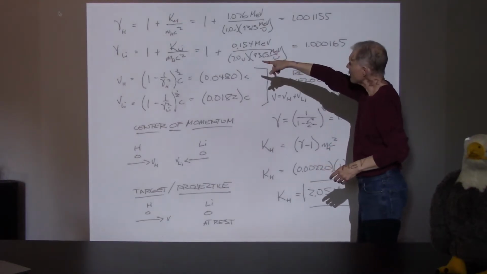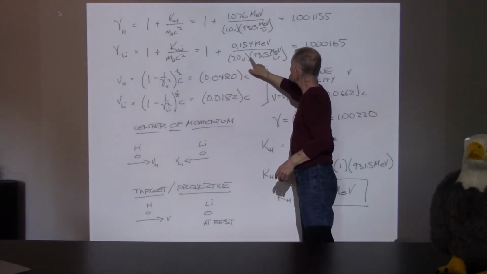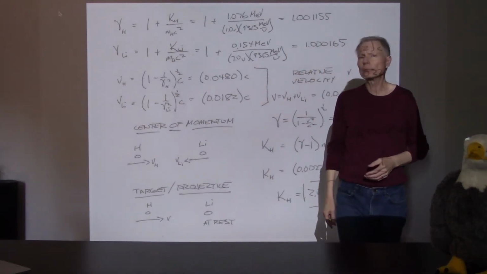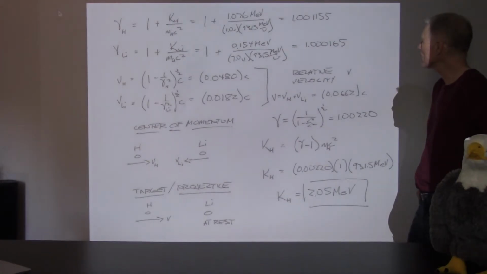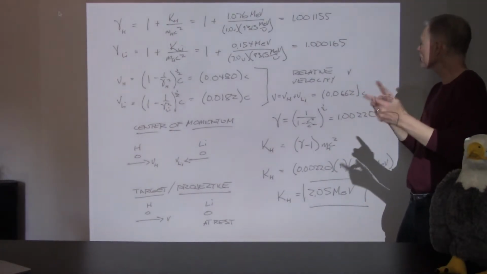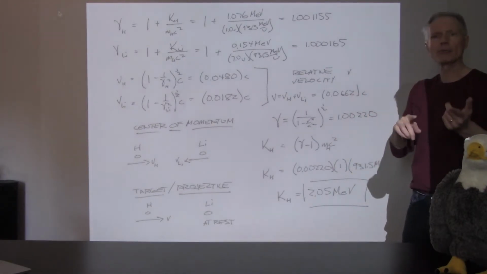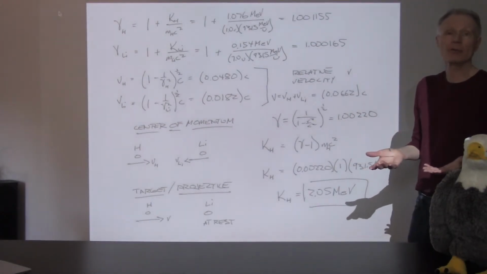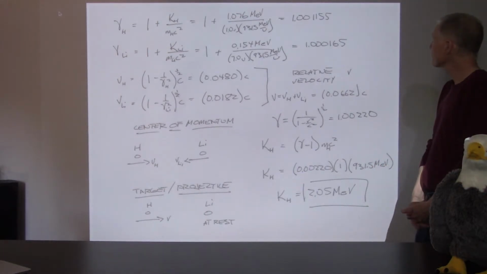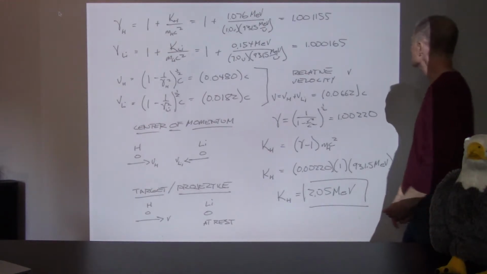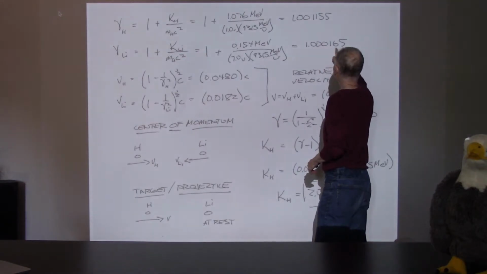When I did the same thing with the lithium, now I've got 7 atomic mass units, and again I can use the 931.5. This is also a good example to think about, because there's a certain amount of flexibility we have in converting back and forth between atomic mass units and energy units. Okay. So the gamma for the lithium needs to be 1.00165.